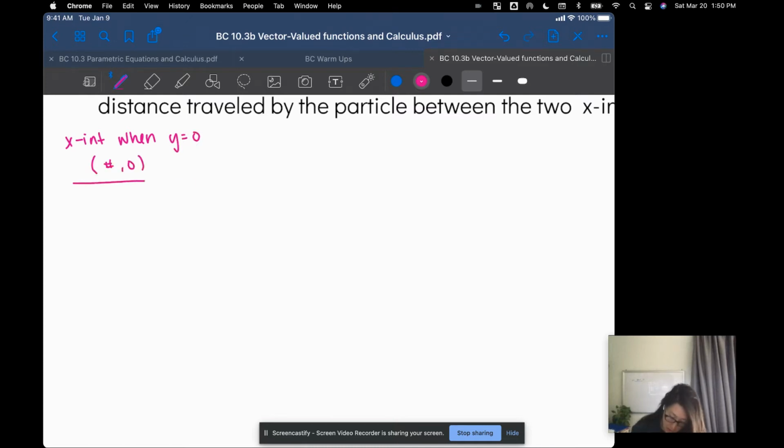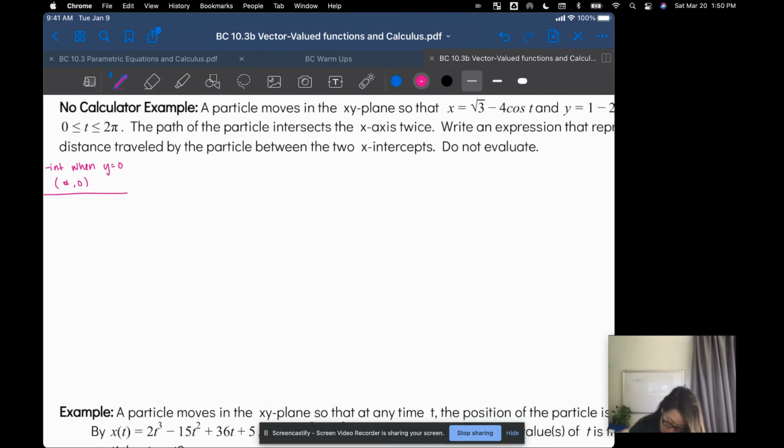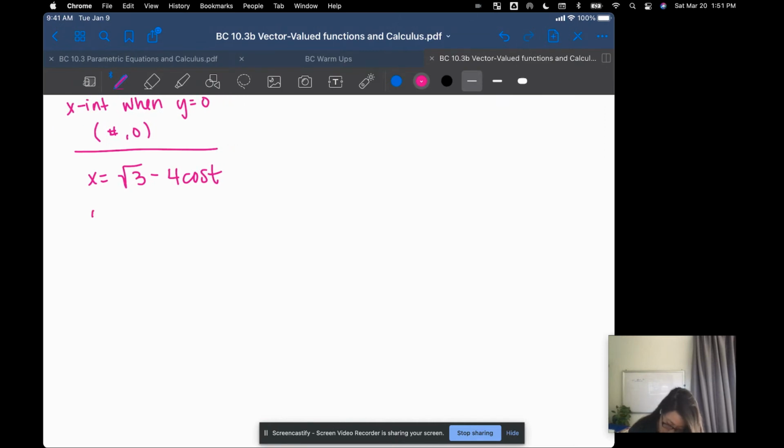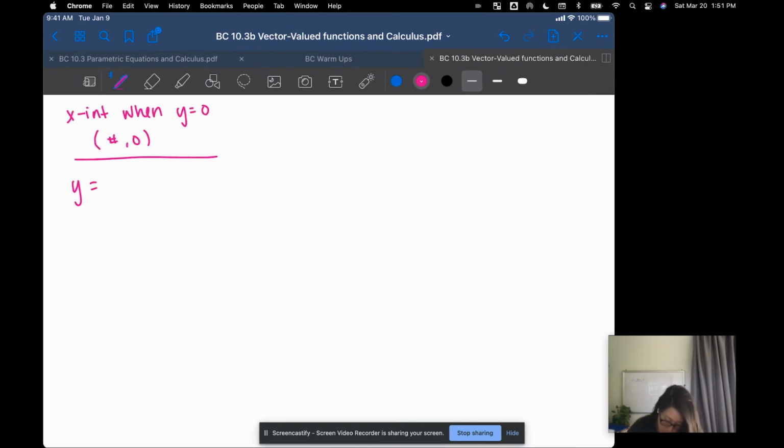Okay, so I need to take my x equation, which was x is equal to the square root of 3 minus 4 cosine of t, and set 0. Oh, excuse me, I did the wrong one. We need y is equal to 0. So I need my y equation, which is y is equal to 1 minus 2 sine t.